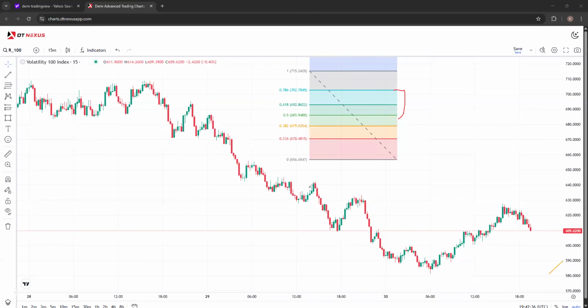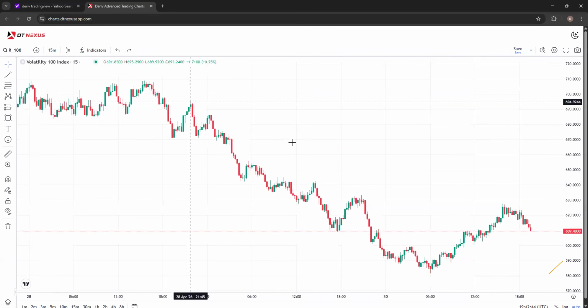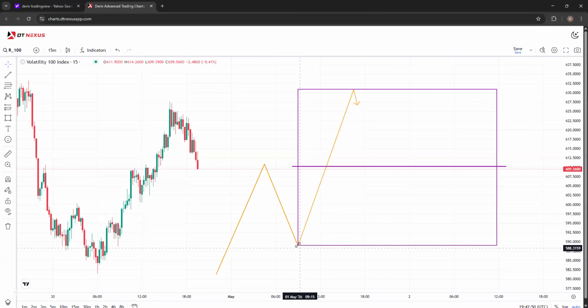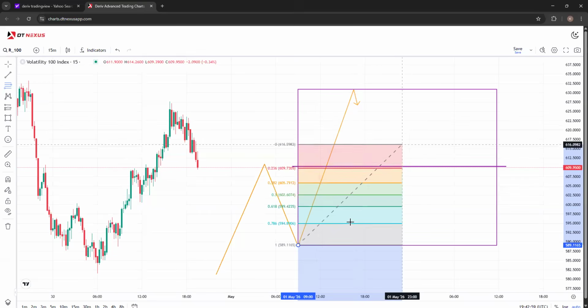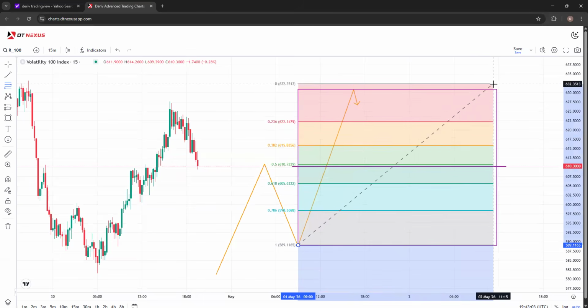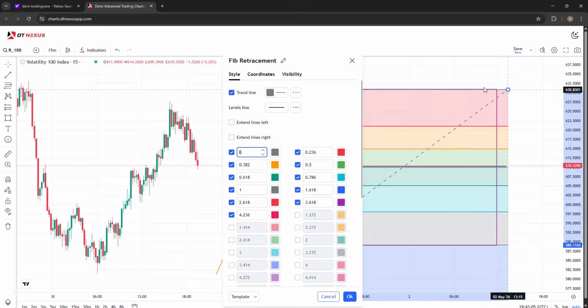This means when, say, we are in an uptrend, where we place our fib is we place it from the low to the high. So in this case, we can come and touch our low and then drag it going up. Since we are in an uptrend, we pull it up in the direction of where the trend is going, right?